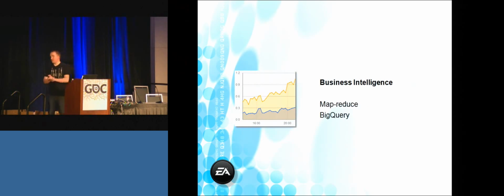And last feature, this is not directly related to your gameplay, but it's an important tool to optimize your game balance, your retention, your profitability. It's business intelligence. You need metrics to know what's going on in your server.